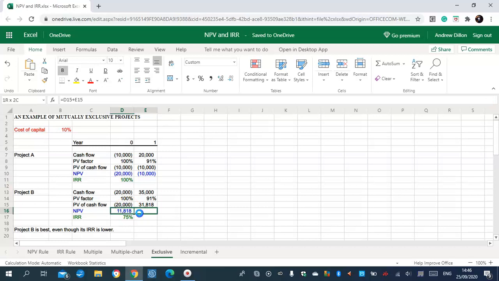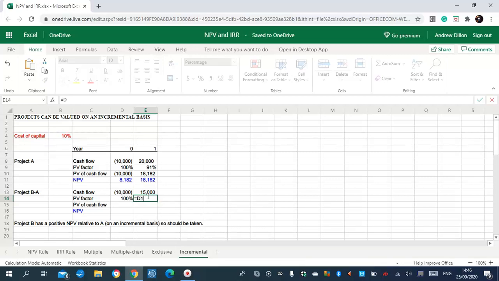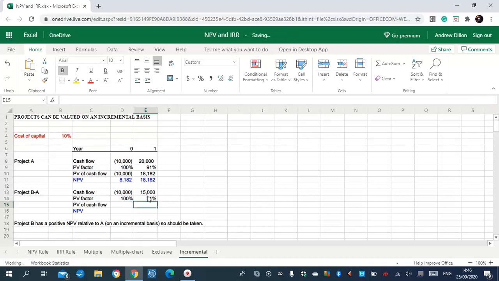Now for project B, the present value factor, 91%.